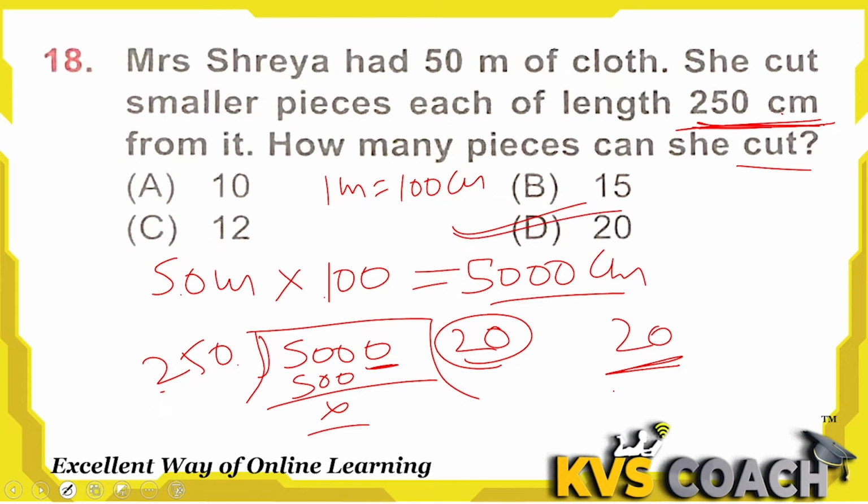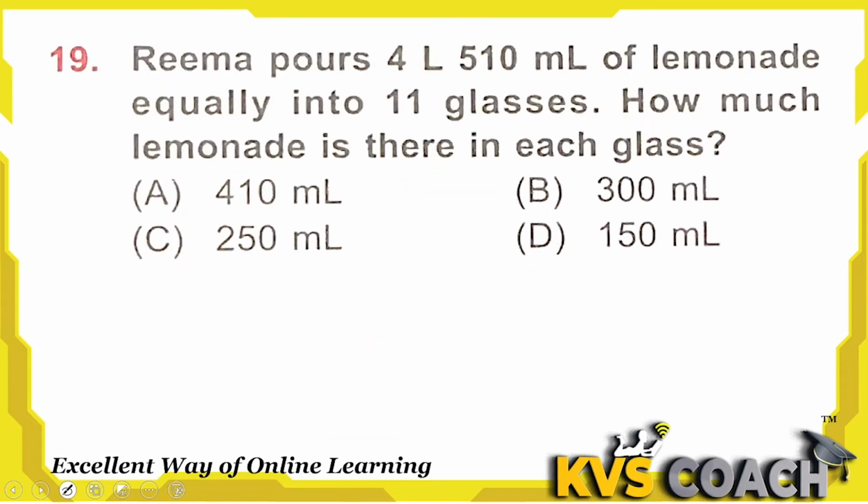Okay, next is: Rima pours 4 liters 510 ml of lemonade equally into 11 glasses. How much lemonade is there in each glass? Look, Rima pours this much liters into 11 glasses.